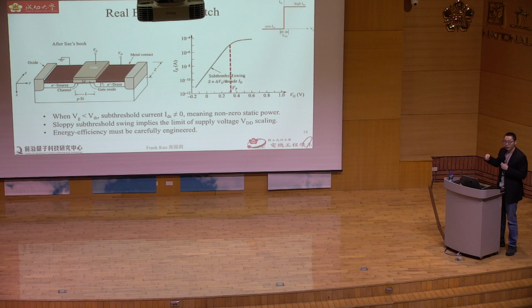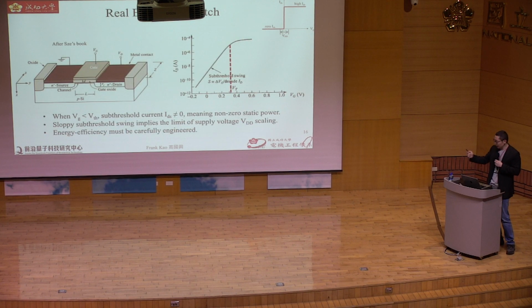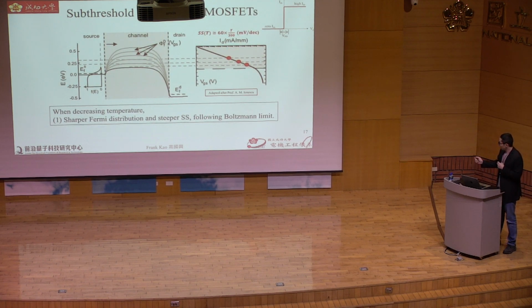So you need to design this device very carefully. This slope, this leakage current, is very important for your application. So this slide explains why we have this unwanted tail.